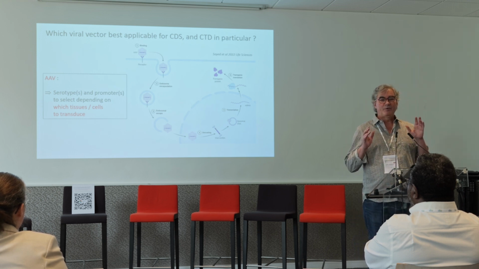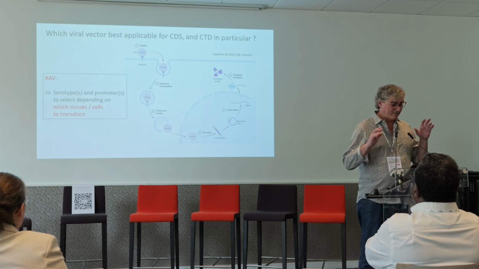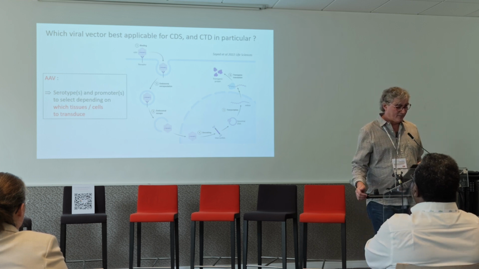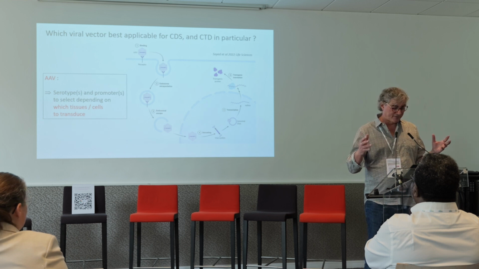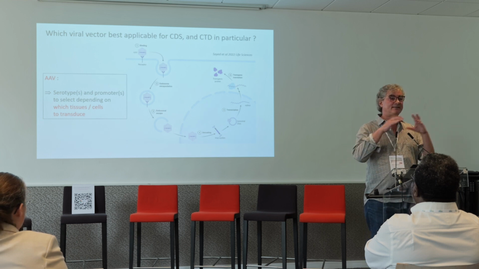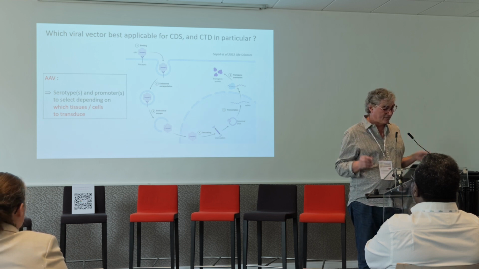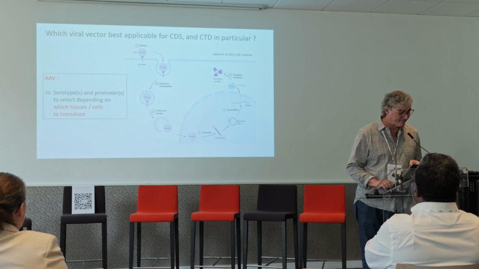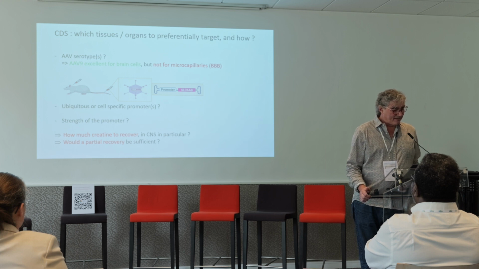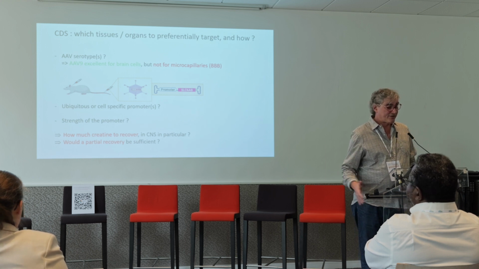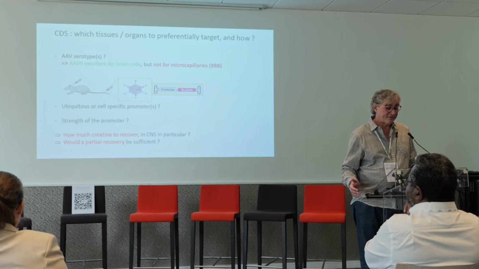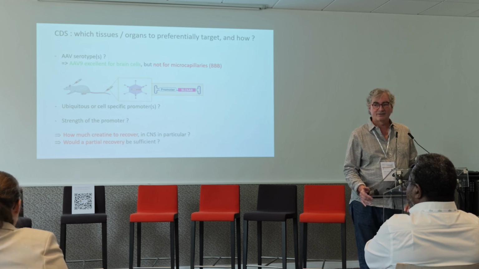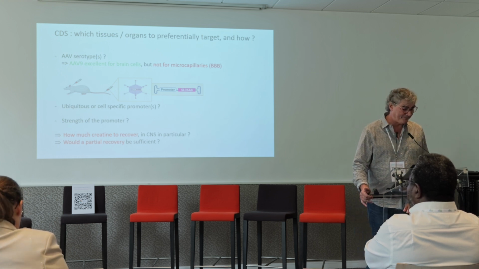The serotype we will choose will depend on what we want to transduce, depending on the disease, depending on the tissue or tissues to target. So for CDS, which tissues and organs should we preferentially target? Of course, one immediately thinks of the brain.